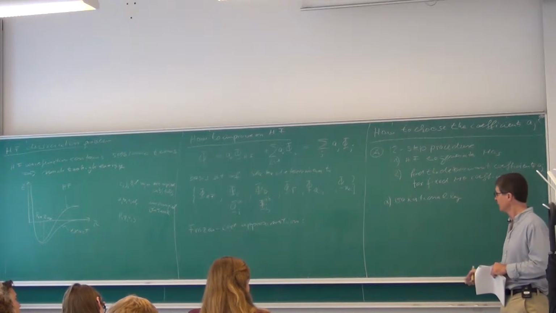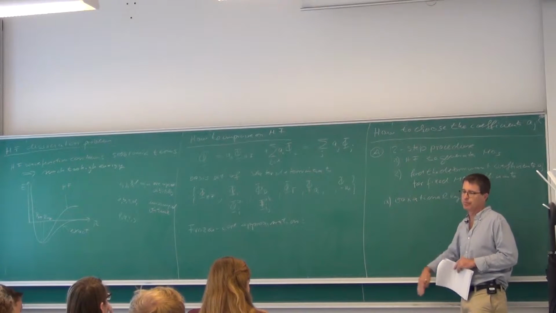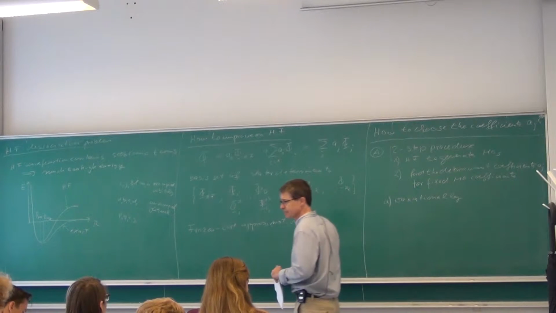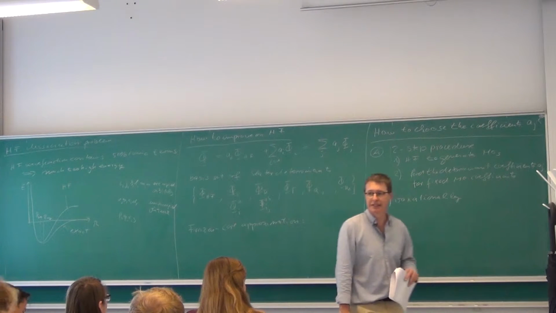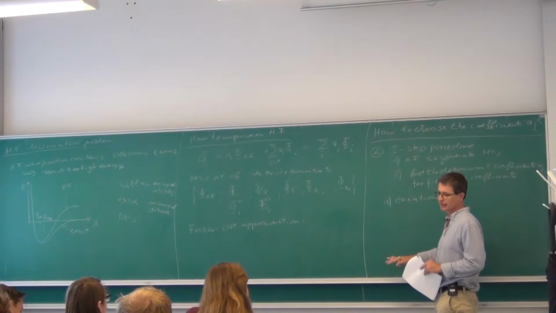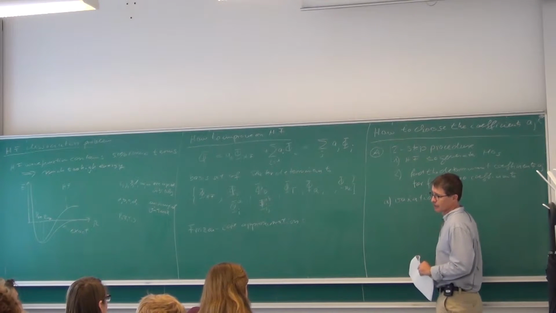And next week, we're going to discuss the other option, which is what is called projection. I hope that by the end of next week it makes some sense what I mean by projection. But that is going to be Møller-Plesset perturbation theory and coupled cluster theory, whereas variational is configuration interaction.